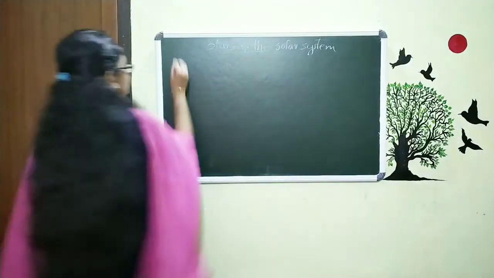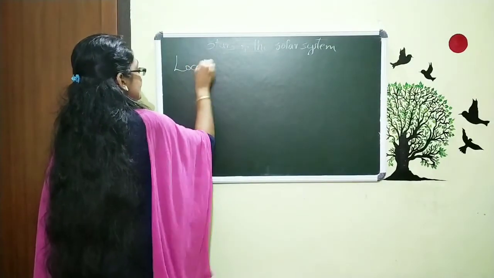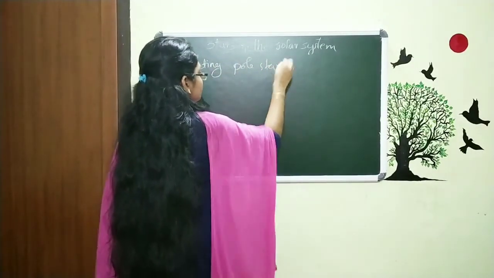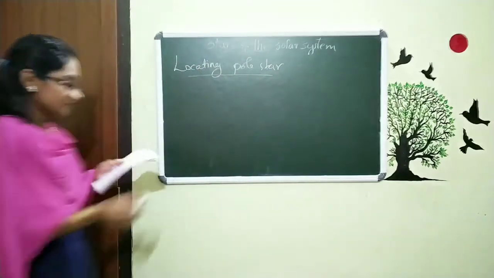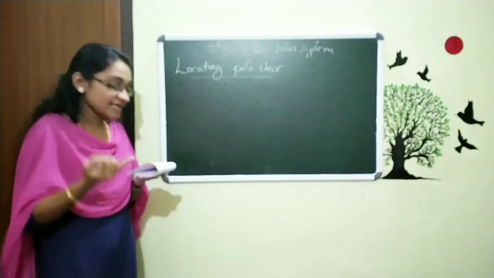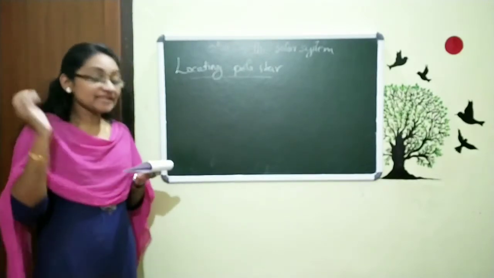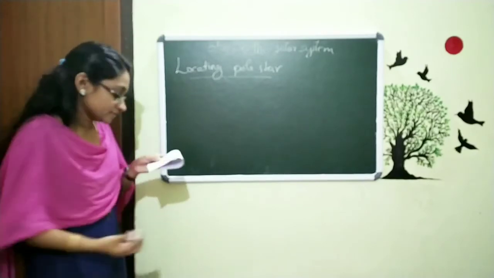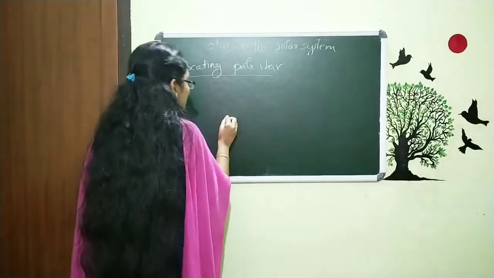Locating the pole star. The thing is, as I already said, we want to go on a moonless night at 9 p.m., and when we observe the northern part, you can see the Ursa Major or our Big Dipper.